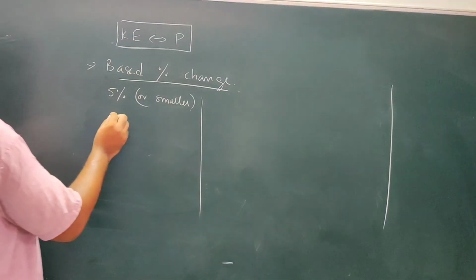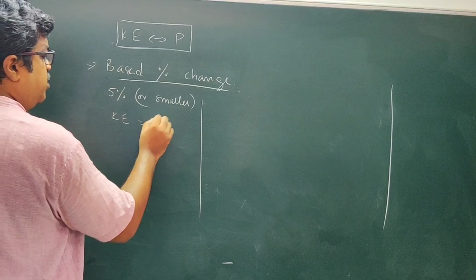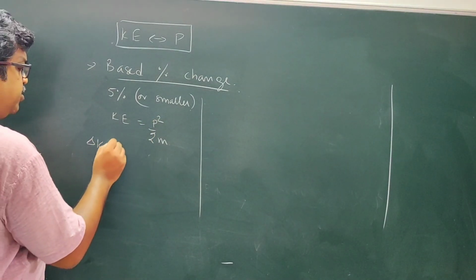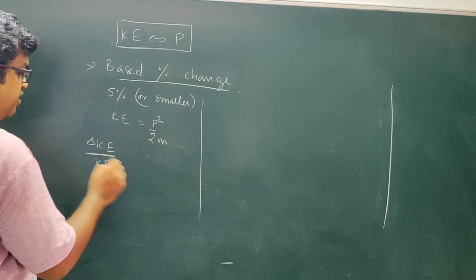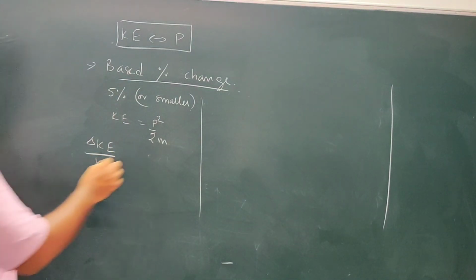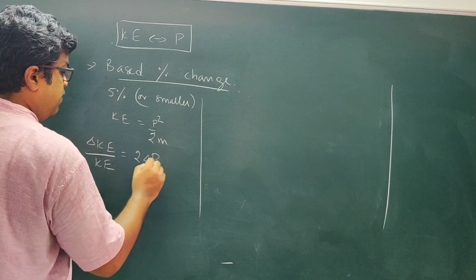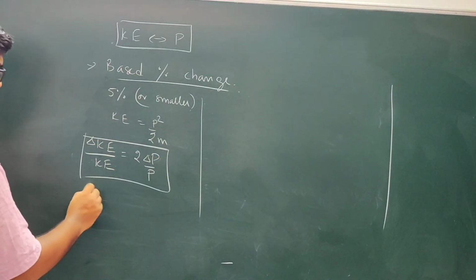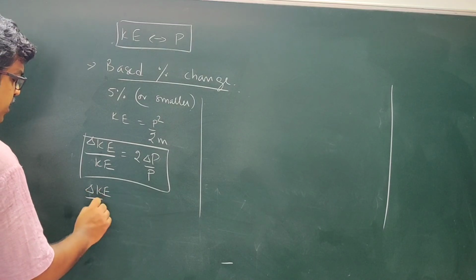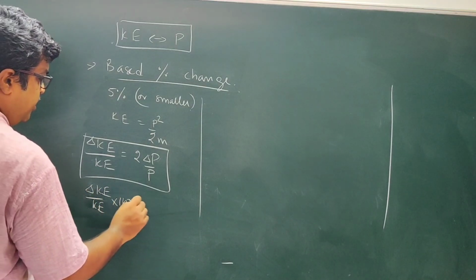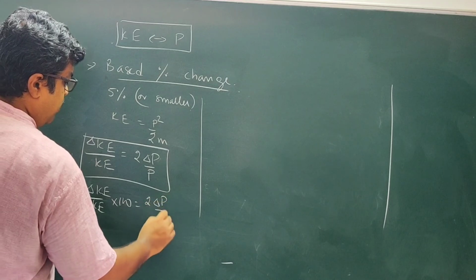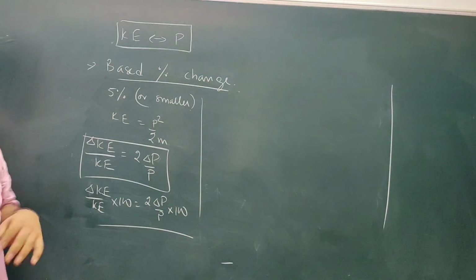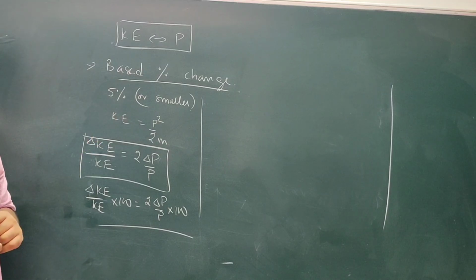In that case, kinetic energy is equal to p square by twice m. So delta KE by KE, the fractional change in kinetic energy, will be equal to 2 times delta p by p. If percentage change is asked, it is delta KE by KE into 100, which is equal to 2 delta p by p into 100. This is how you have to proceed, provided this is less than 5%.